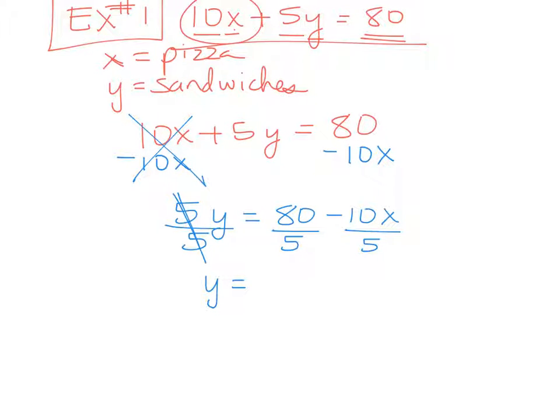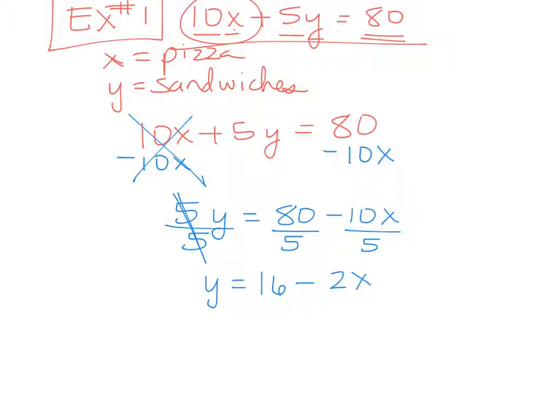Can I do 80 divided by 5? Yeah. 80 divided by 5 is, what does that come out to? 16. Then we're subtracting, minus. Can I do 10x divided by 5? Yeah, right? 10 divided by 5 is 2. And we just keep the x with it.